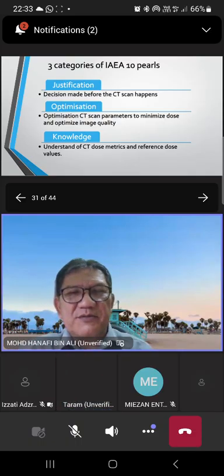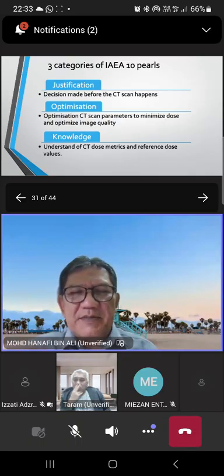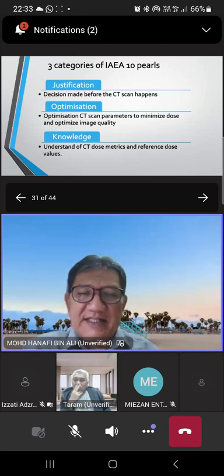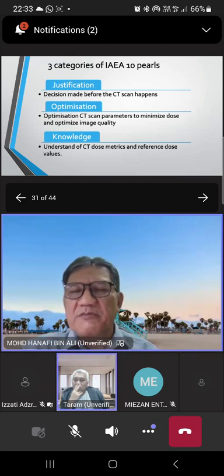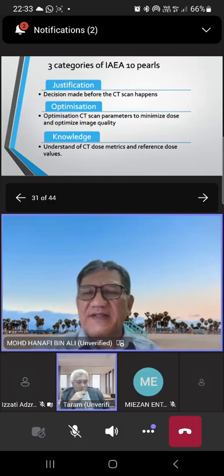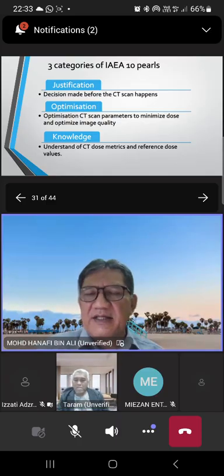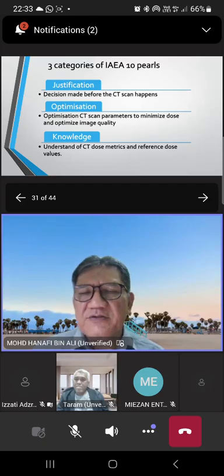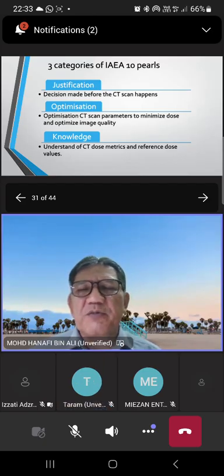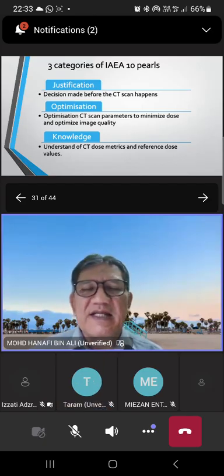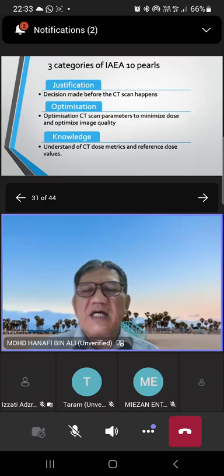Okay. Nombor satu sekali, biar sebelum saya pergi kepada NDT, saya pergi kepada CT scan dulu. CT scan really safe in terms of protocol, everything, very systematic. So that's why we can control that. So there's no issue about safety in CT scan, except the radiation that is exposed to the patients.